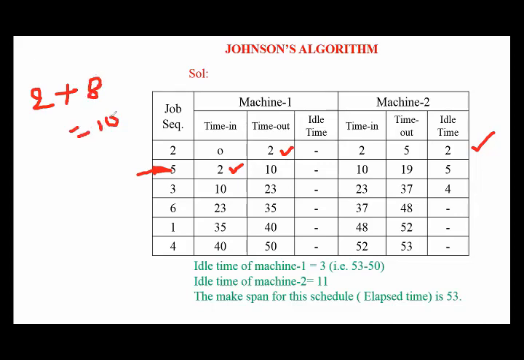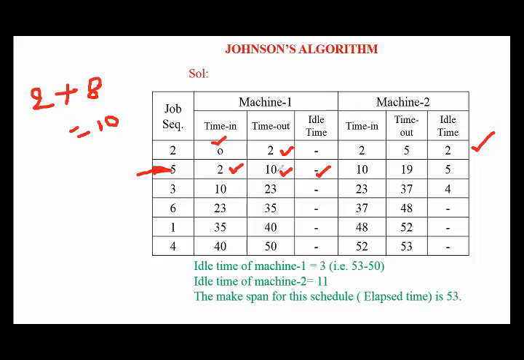So 10 hours are required to complete the fifth job at machine 1. Here also there is no idle time. Why? Because machine 1 started at the 0th hour and was continuously working from 0 to 10 hours. The first job takes 2 hours, then the second job takes from 2 to 10 hours.